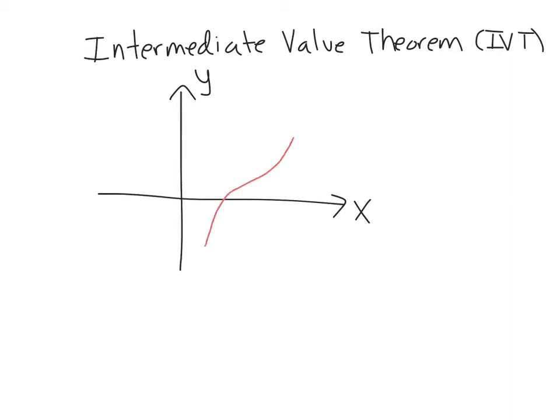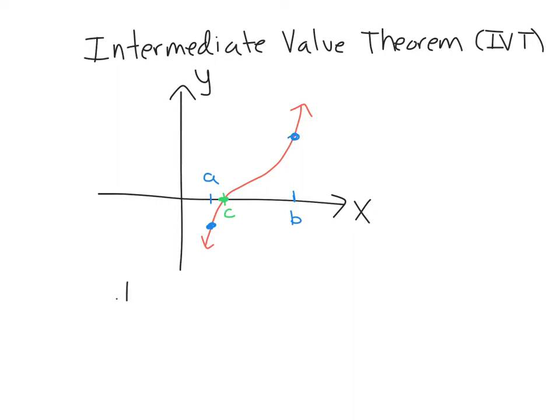So if we look at a function like this, and we know that the function is negative at some point, let's say a, and it's positive at some x value b, then one consequence of the intermediate value theorem would be there has to be a place, let's call this x value c, where the function equals 0.